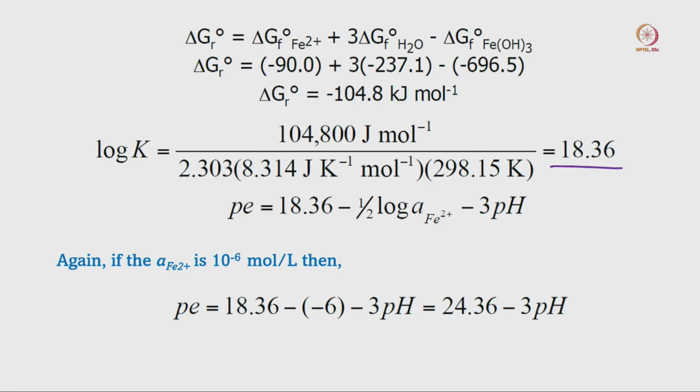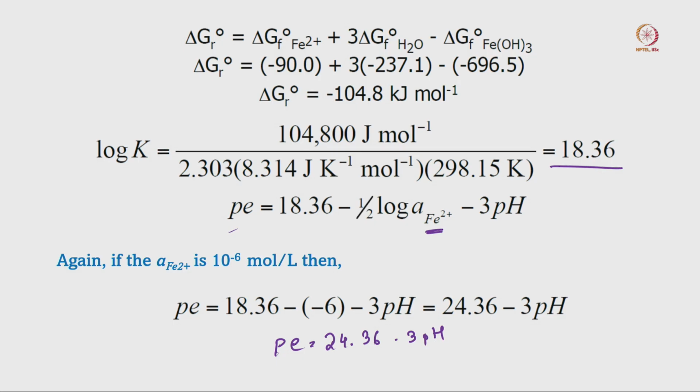Plug this value into the Pe equation. Again, here we are going to utilize the concentration of iron, which was 10 to the power minus 6 mole per liter. So, this gives the final equation as Pe is equal to 24.36 minus 3 pH.